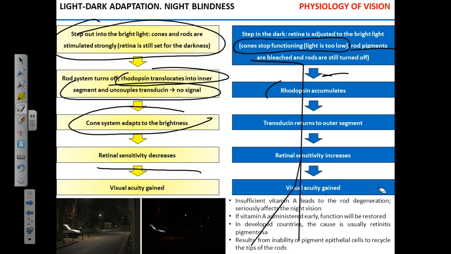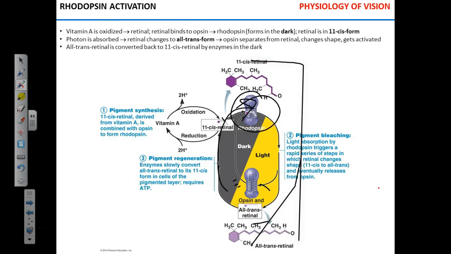And some people, especially people with a deficit of vitamin A in the diet, their rods cannot perceive the light. Is that clear? Because lack of sufficient amounts of vitamin A leads to a decreased amount of 11-cis retinal.